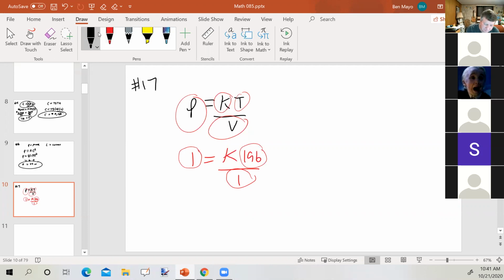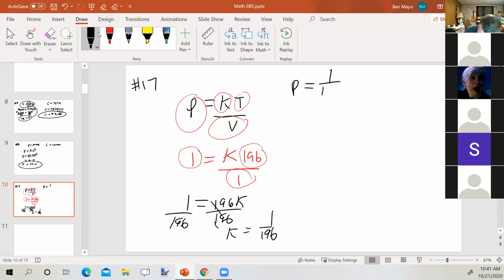All right. So basically I've got 1 equals 196 K. If we divide both sides by 196, K equals 1 over 196. So that means P equals 1 over 196 T all divided by V. We still okay?